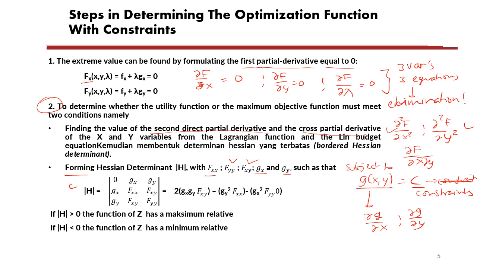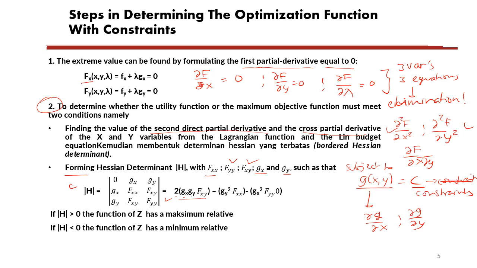Since I haven't taught you about matrices yet, I need you to memorize this. From this determinant, we get the form in algebra. So this is 2 times the first derivative of g with respect to x.